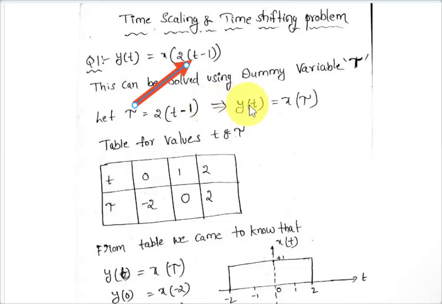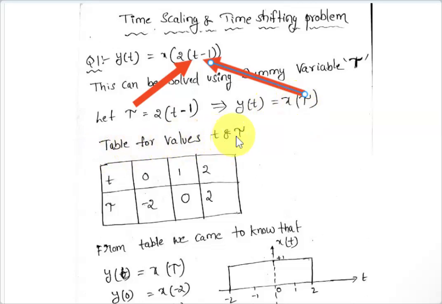That implies this equation becomes y of t equal to x of tau, where tau means 2t minus 1. That's why y of t equal to x of 2t minus 1 became y of t equal to x of tau. Okay, that's clear?